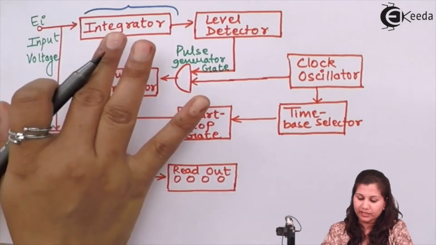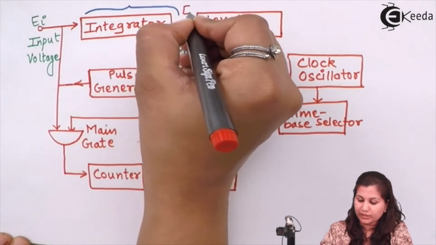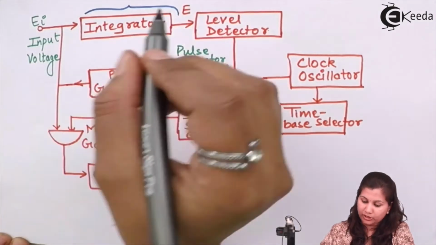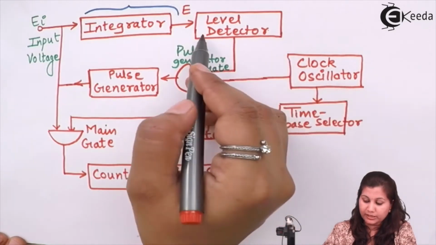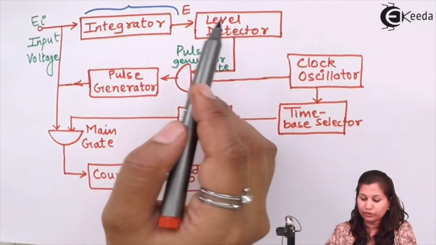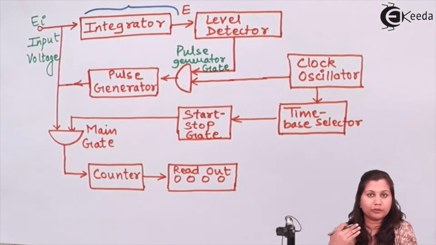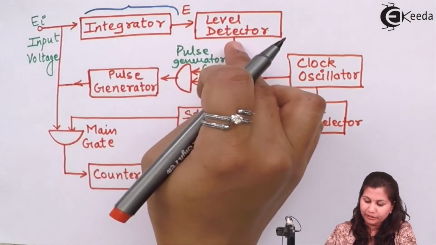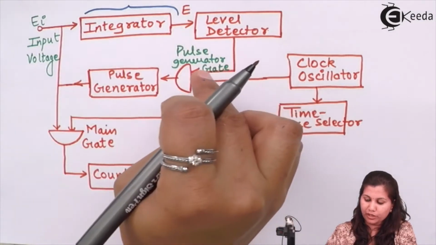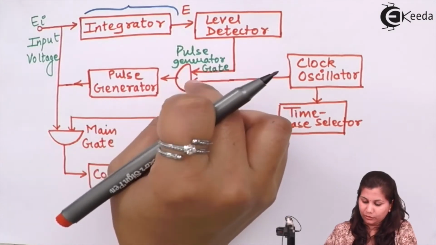Now again coming back to the block diagram, we have seen here that the input voltage, when it is given to the integrator, produces an output voltage E. Now this output voltage is given to the level detector. This level detector is going to detect the magnitude of the output voltage. When the output voltage reaches a fixed value, the level detector is going to produce the output which triggers this gate signal.